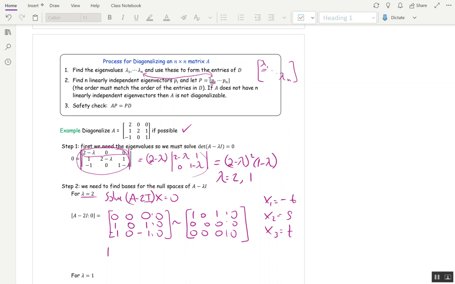So for a basis for the eigenspace, we're going to want the one vector for the t's and then the one for the s's. So the t vector would be negative 1, 0, 1. And then the vector corresponding to the s variable is 0, 1, 0.